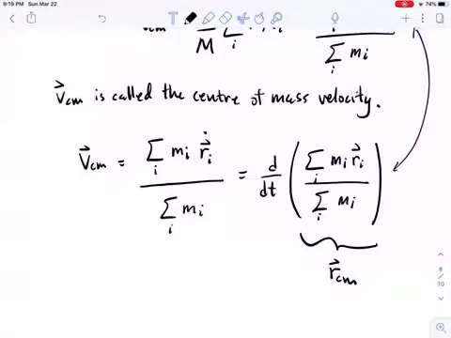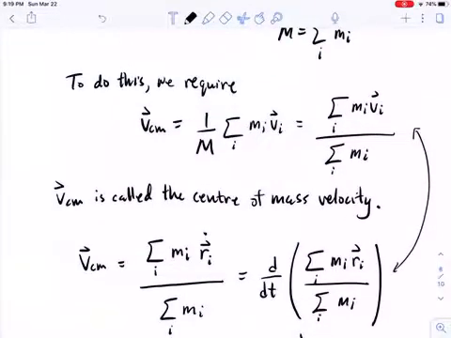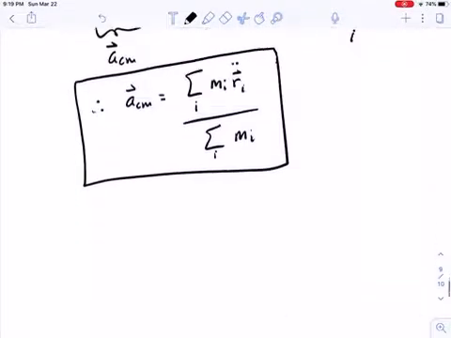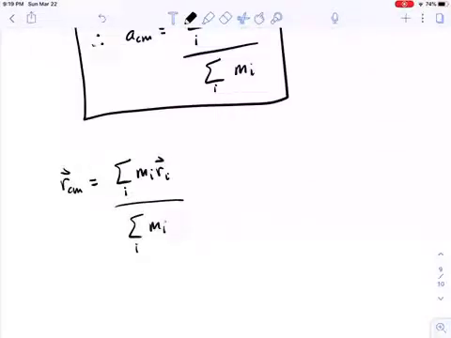Here's our definition of center of mass position. And here's the center of mass velocity. So summarizing all of these results, therefore, we have our center of mass position is the sum of mi ri divided by the sum of mi.